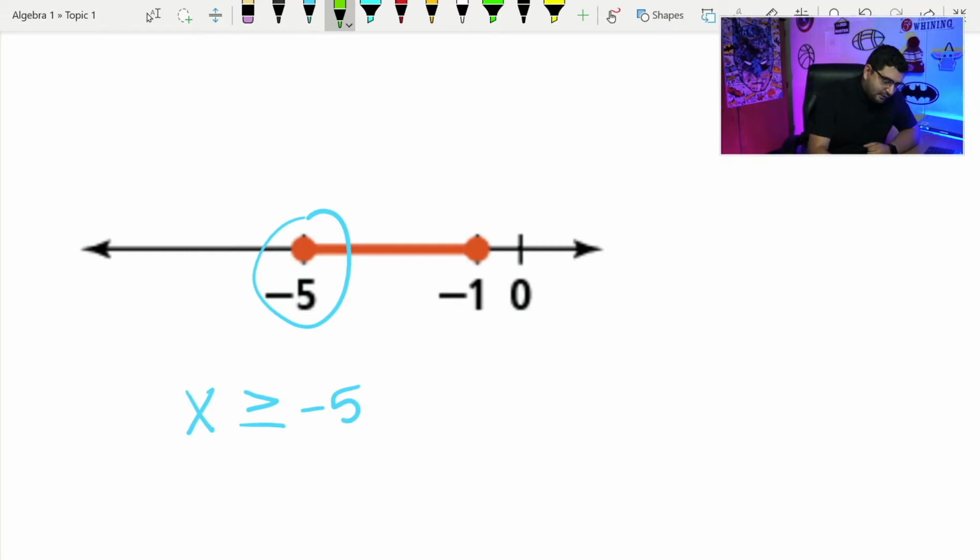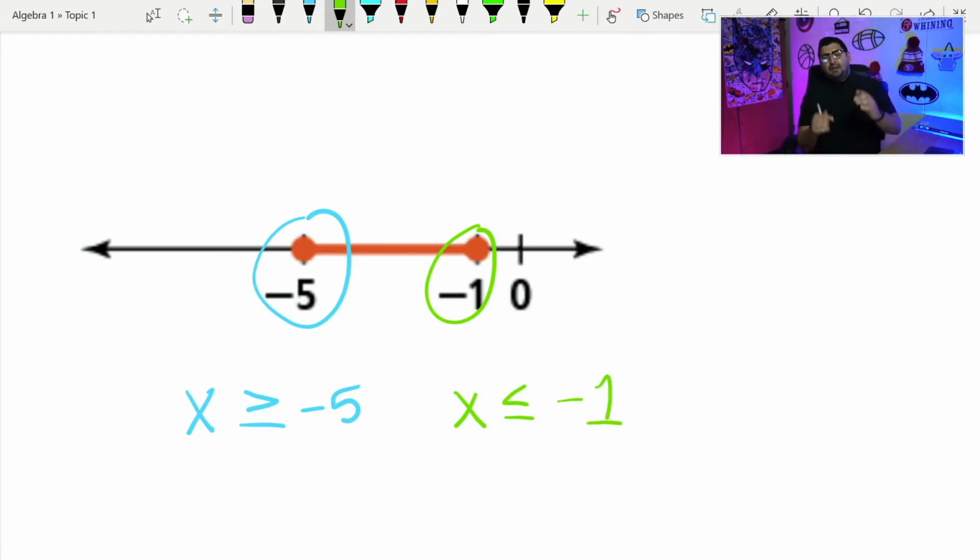Looking at the other point, I know x, again, we know it's going to be equal to because we see a shaded-in circle. But here I see x actually has to be smaller than -1, so it has to be less than or equal to -1. And oftentimes when we see two inequalities that, instead of going in opposite directions, go towards each other, we call this an and compound inequality.